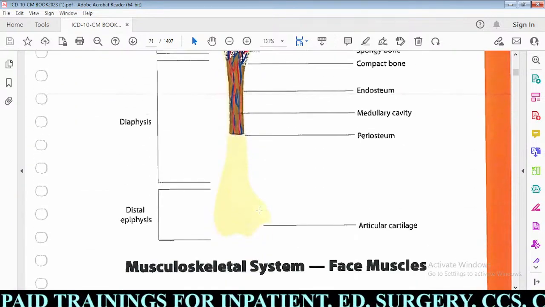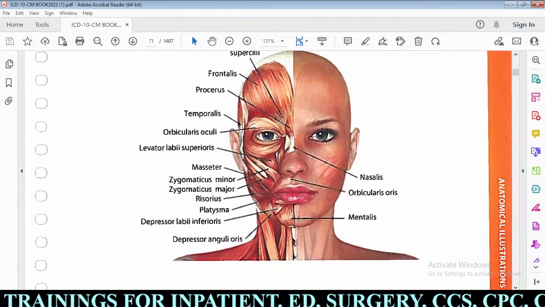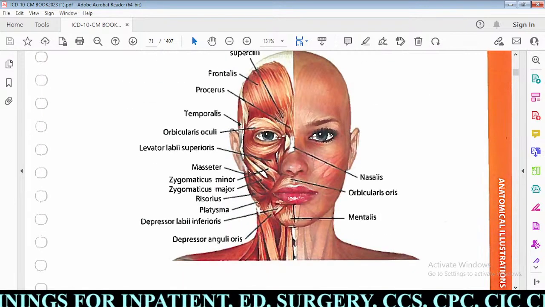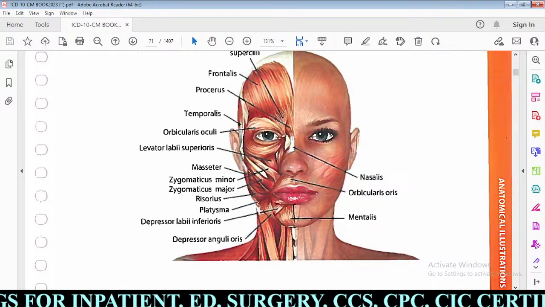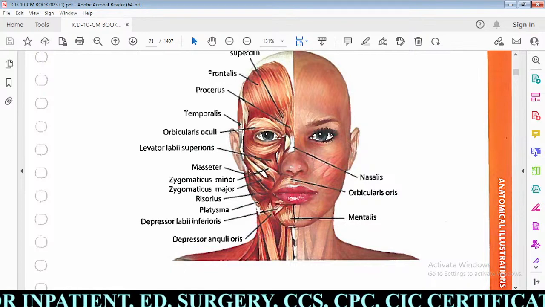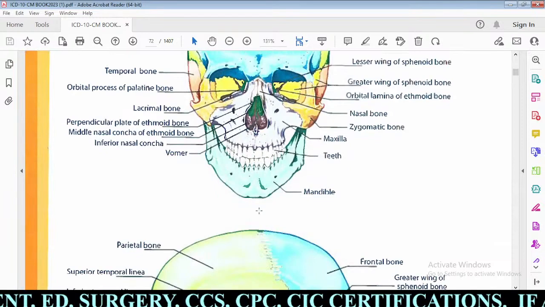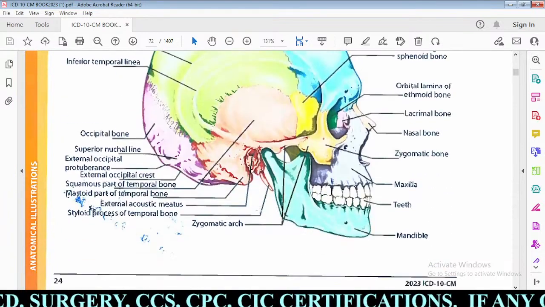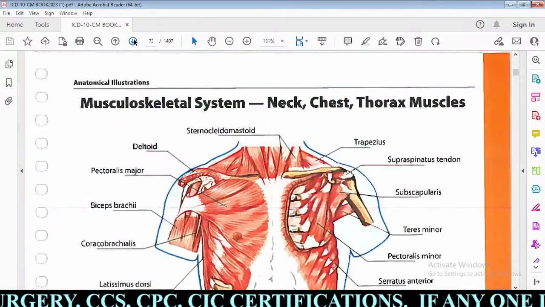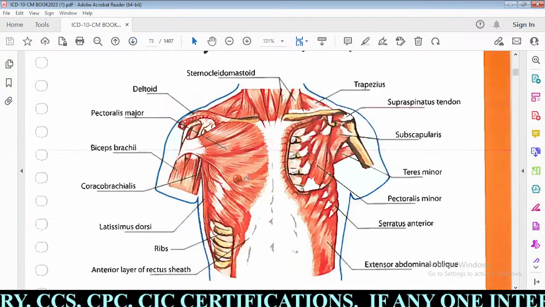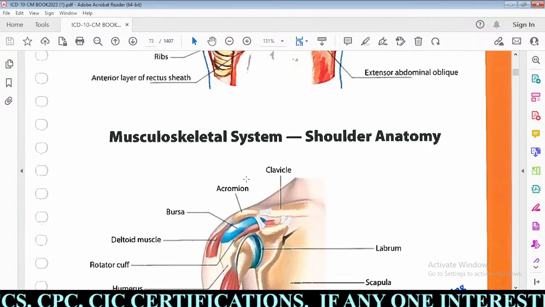This is the bone structure, and the facial muscles. If you are coding any reconstructive procedures, this plays a very important role. See, all of these are very important. These are all muscles here.